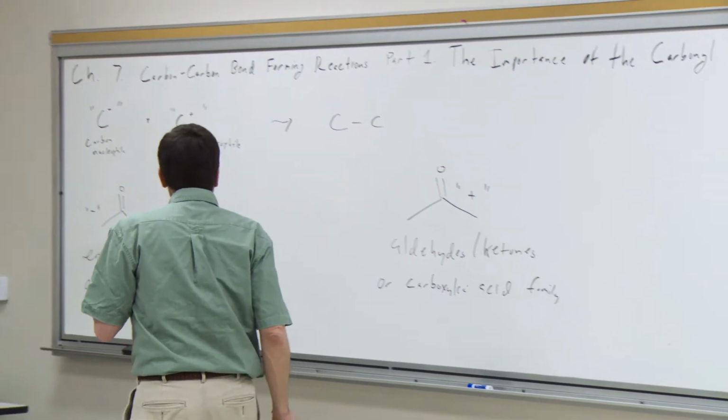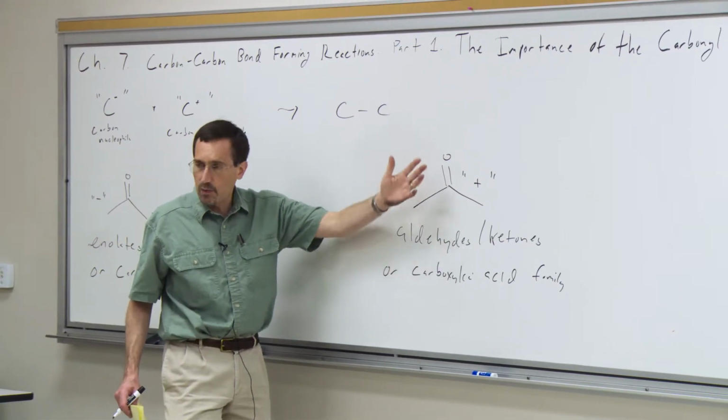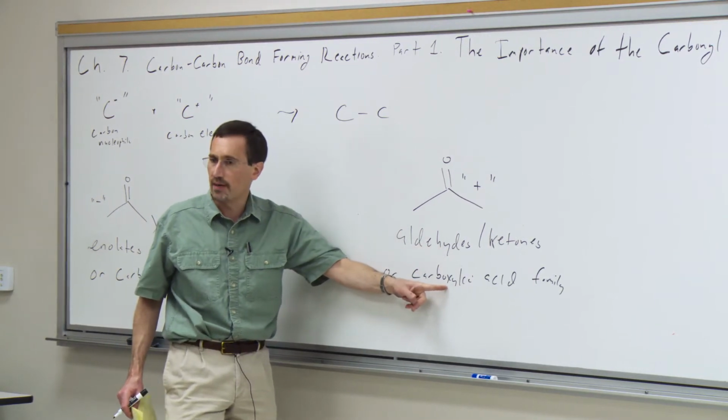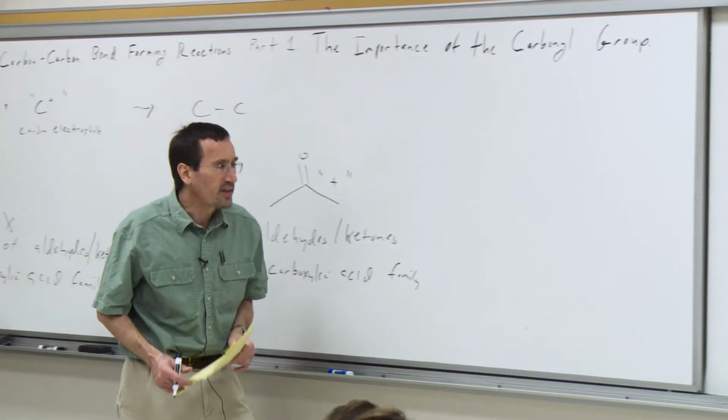Now, as I said, many, many properties end up being similar, whether we're talking about the ketone or aldehyde family or whether we're talking about the carboxylic acid family. But there are some significant differences.